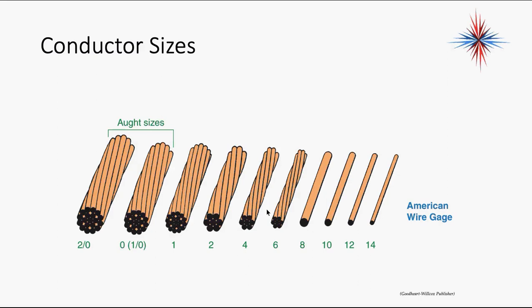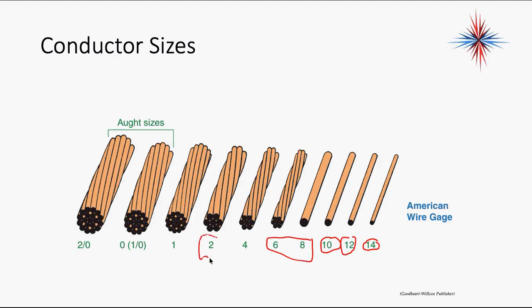Again, the larger the wire number, the smaller the wire. 14 we use pretty heavily, 12 we use very heavily, 10 we use, and if you're installing electric heat someplace, you may come across 8 and 6, for very heavy amperage circuits.